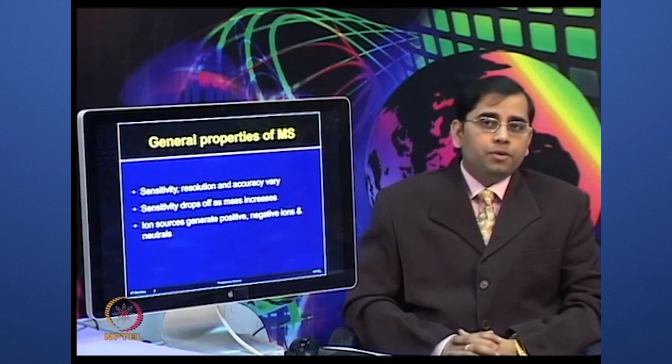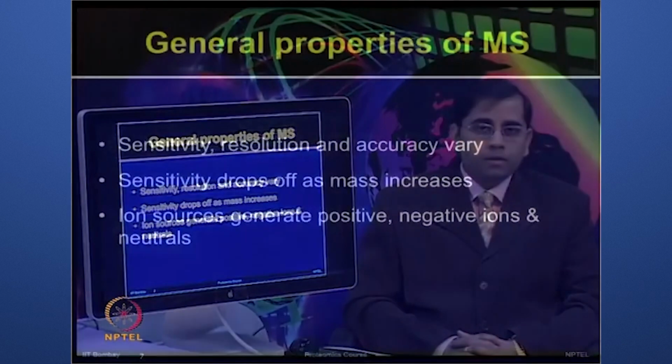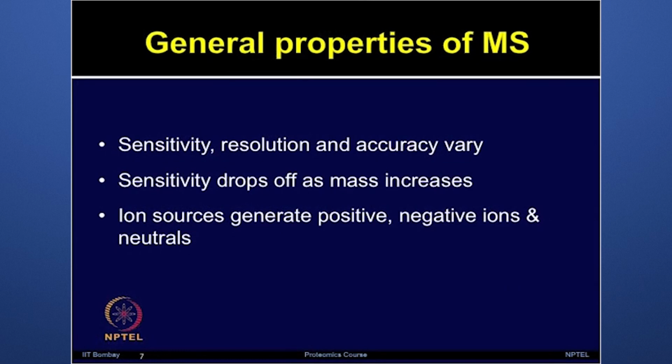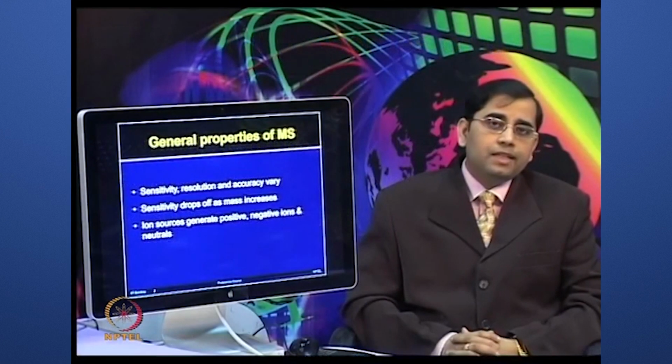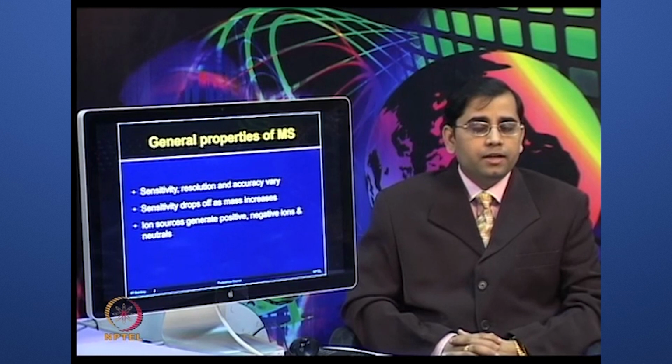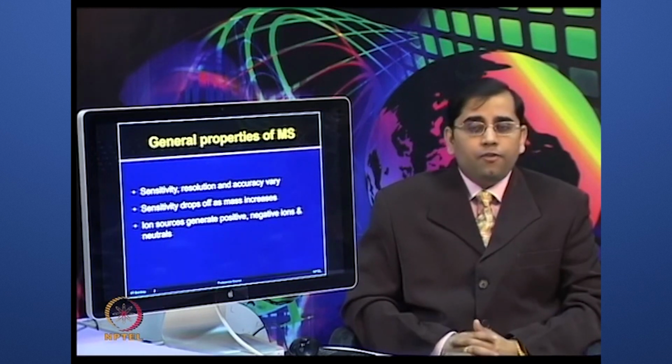Now, let us discuss about general properties of MS. The sensitivity, resolution and accuracy, they vary among various mass spectrometers. The sensitivity drops off as the mass increases, and as I mentioned, the sensitivity for protein detection can be as low as in the attomolar or femtomolar range.